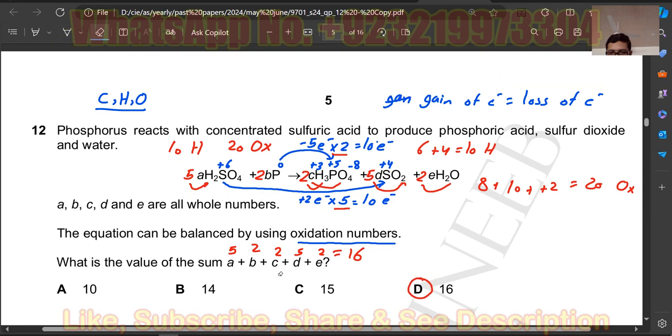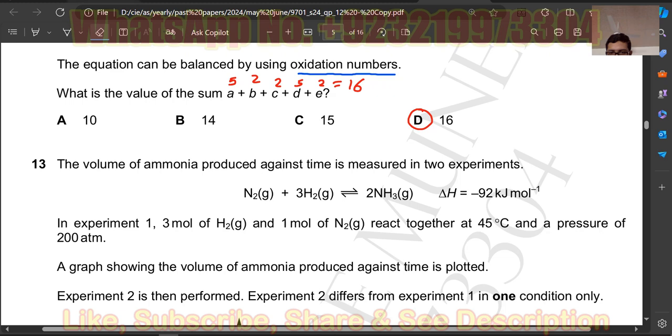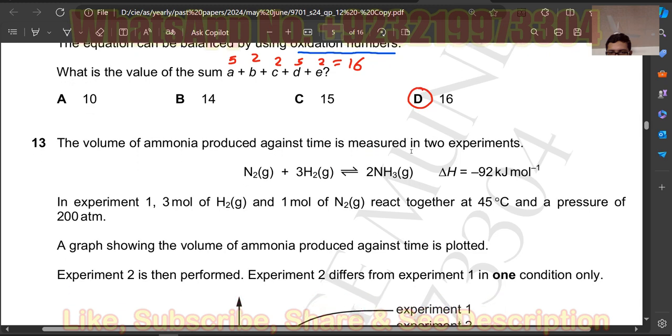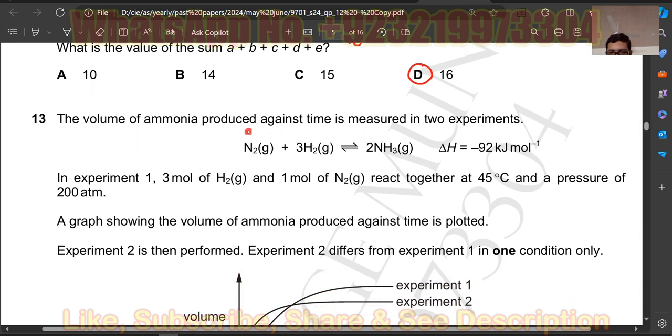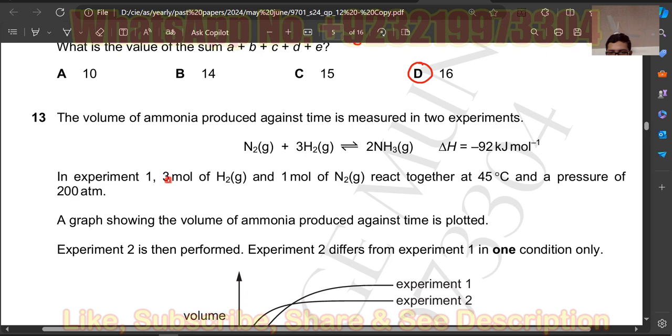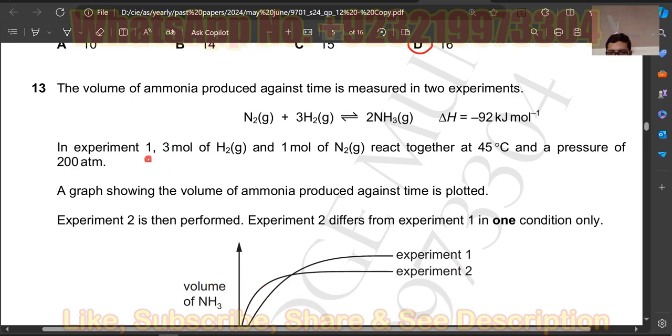Then comes the next question, number 13. The volume of ammonia produced against time is measured in two experiments. Okay, so we have this equation in which the enthalpy is given. Then it says that there were two experiments.